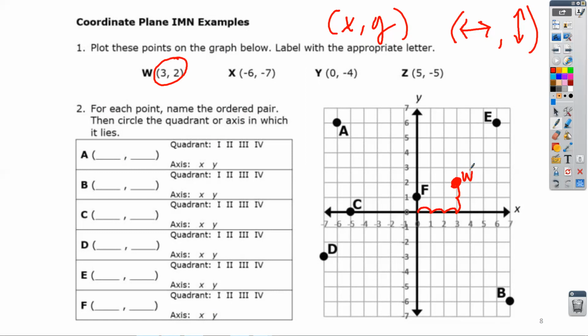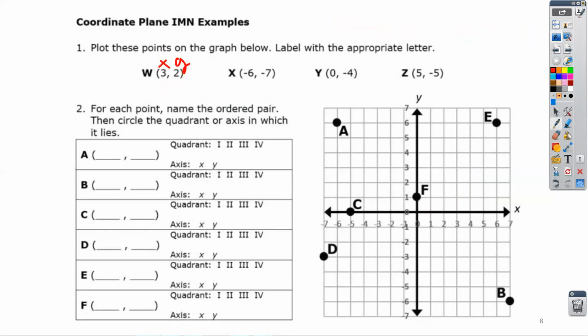Now, when I use coordinate planes, for me, it's very, very helpful to use different colors. So what I mean is, for example, if I were to try to find 3, 2, one other method I could use if you struggle with graphing is find 3 on my x-axis and 2 on my y-axis.